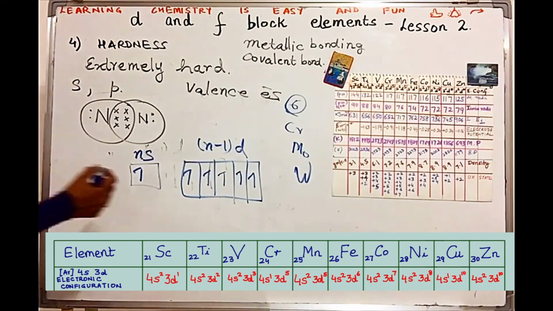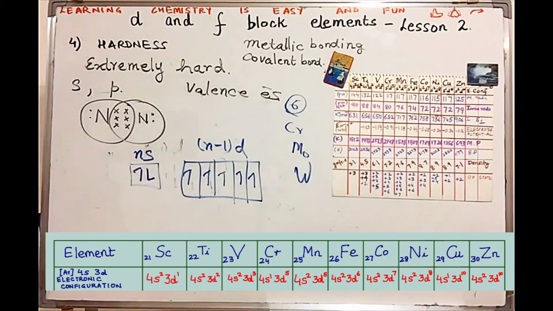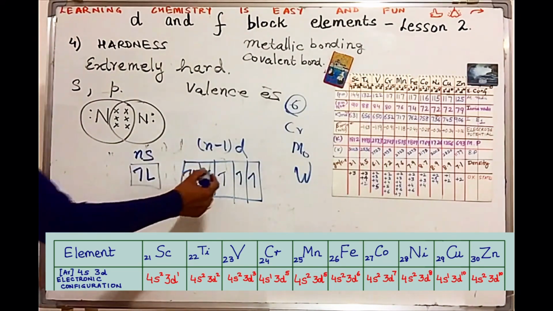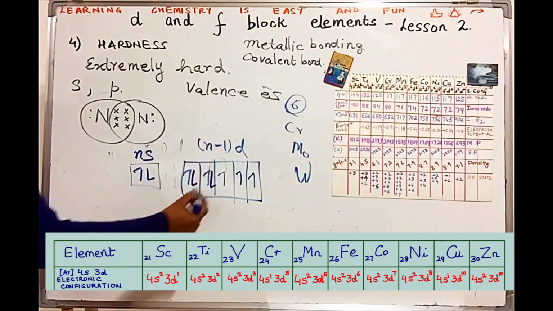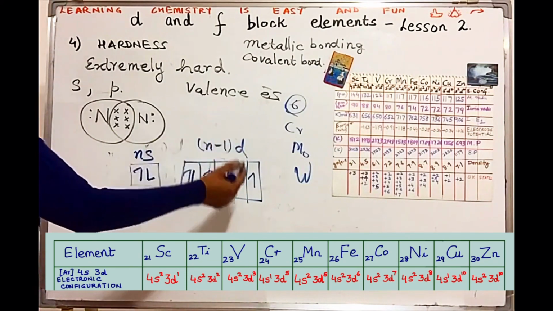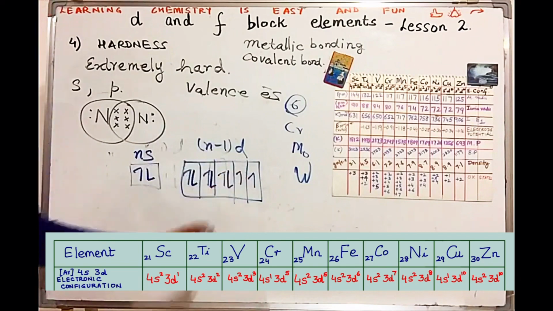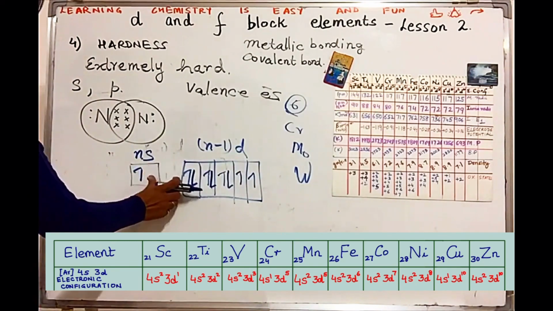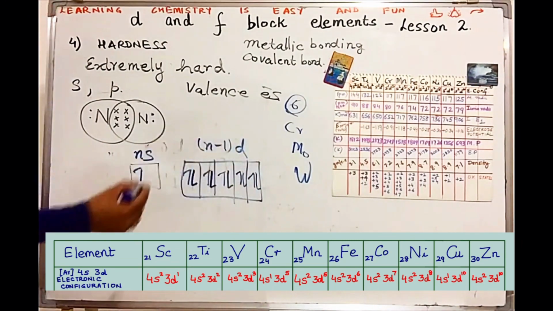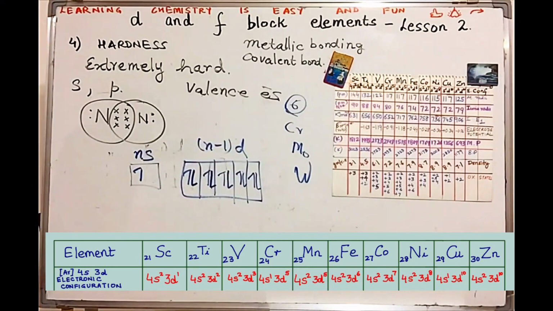Coming to manganese, now what happens is it starts pairing up: s2d5, iron s2d6, cobalt s2d7, nickel s2d8, copper s2d9. Is that correct? No. What happens over here? Yes, the electron jumps from here and we have a fully filled d orbital, right?